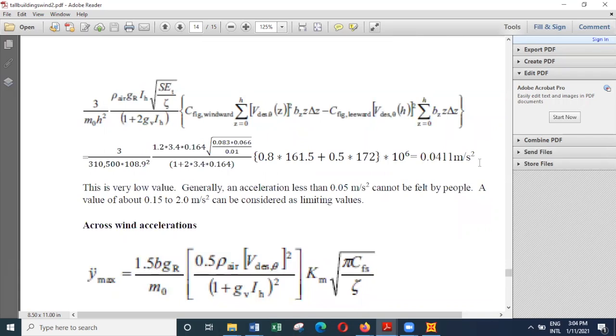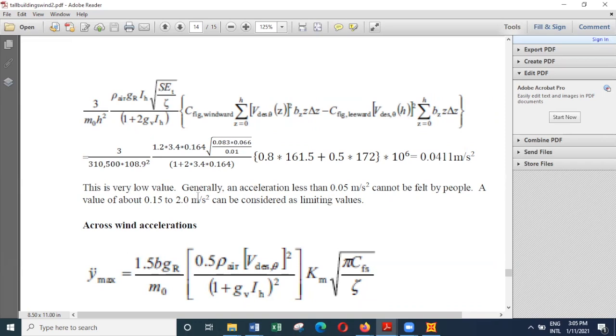You can see the acceleration is given as 0.0411 meters per second squared, and generally any acceleration less than 0.05 is not felt by people unless you are very sensitive to any movement. Generally, it is not felt by people, and the maximum acceleration is considered as something like 0.15 to 0.2 meters per second squared, which is considered as a limiting value.